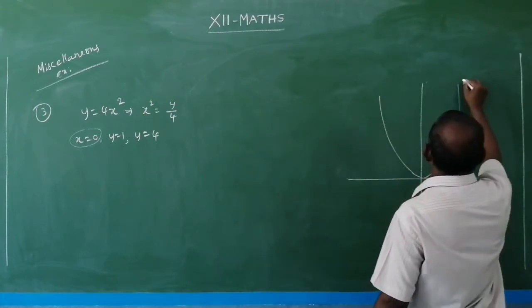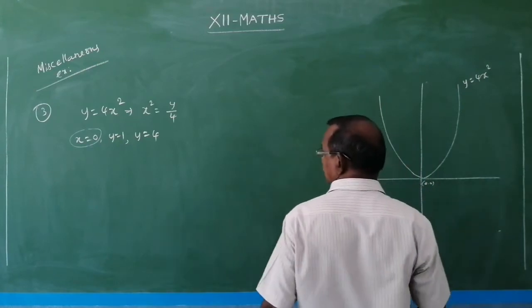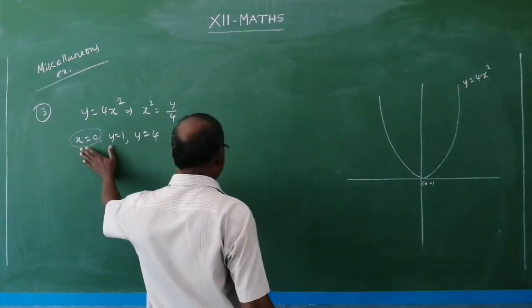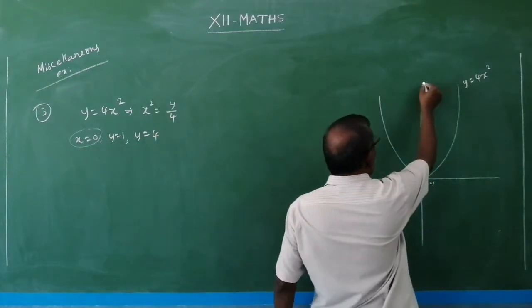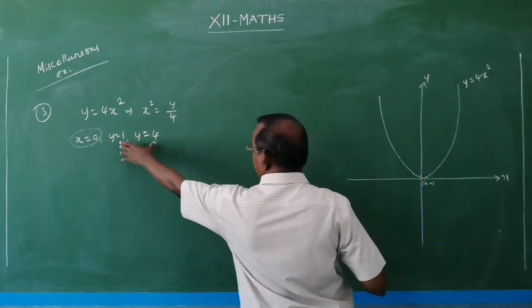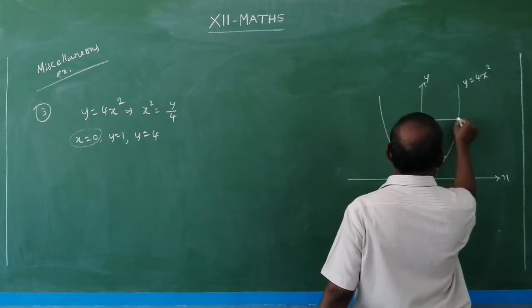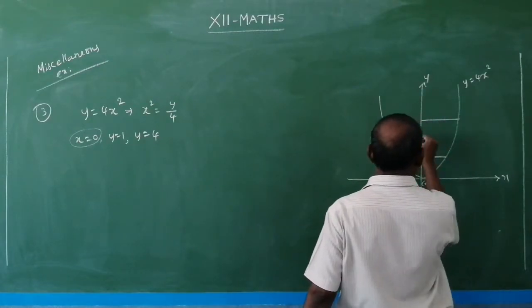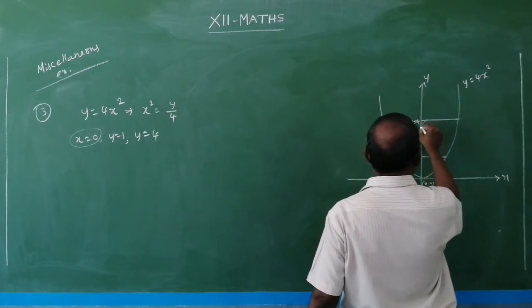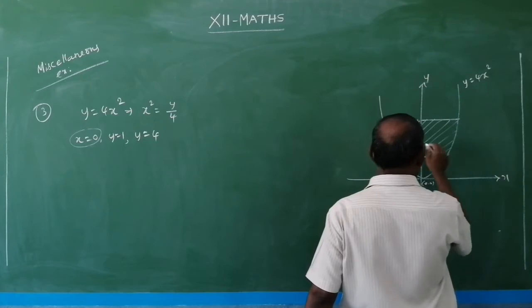This is y equal to 4x square, and we need x equal to 0, which is the y axis, and the lines y equal to 1 and y equal to 4. So this is the region we need to find the area of.